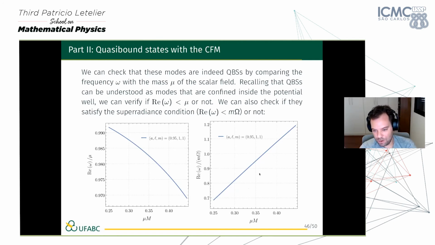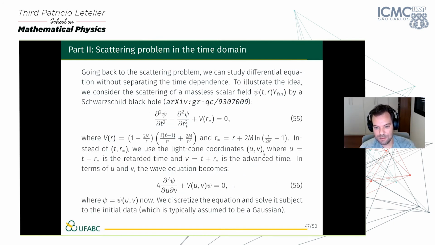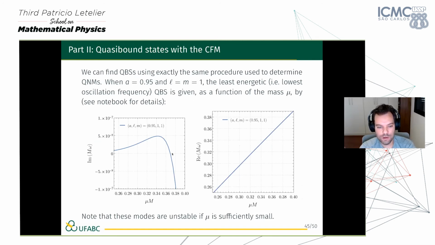But if you recall, 0.37 was exactly the point where you have this transition from instability to stability. So it's not a coincidence. All these unstable modes are related to superradiance. They happen when you trap them. Intuitively, you can understand them as superradiant modes that are trapped inside the potential well.